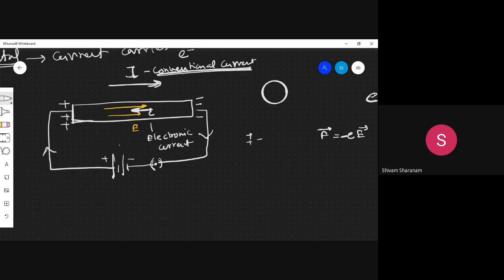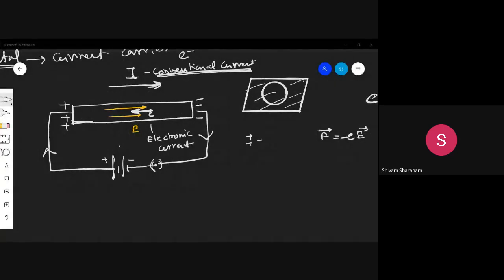So if you change the direction of current, everywhere you have to change things. In every theory the direction needs to be altered. So instead of doing that, it was simply said that we will not change the direction of current, that is the direction of current, but the direction of flow of electrons will be opposite of that. Is that clear?